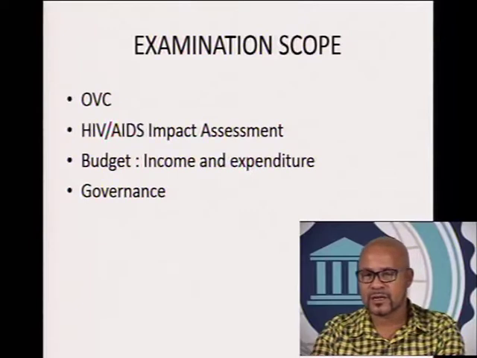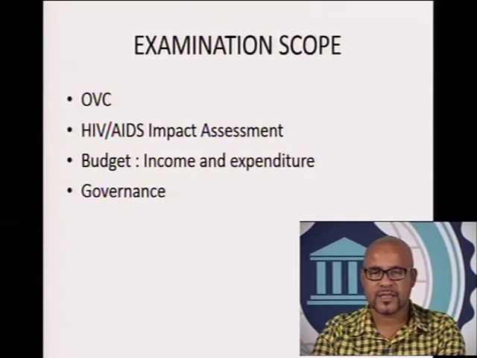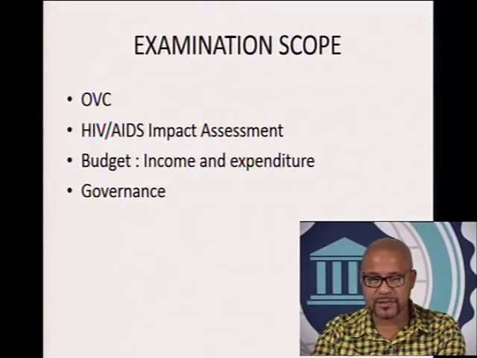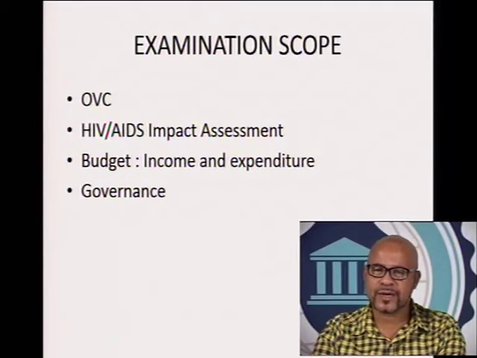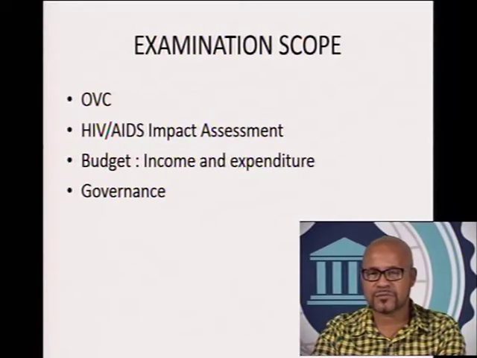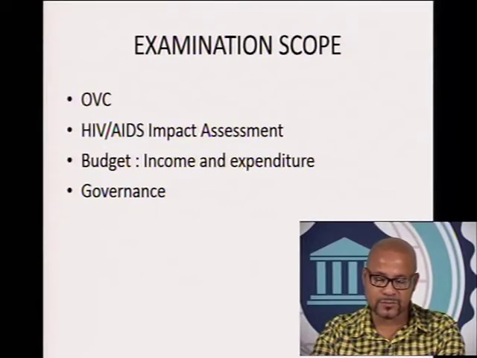You can look at commitments like the Abuja commitment, where countries commit at least 10 to 15% of the budget to health, and specifically HIV/AIDS. You can look at the Paris Declaration on the harmonization of funding. So you can discuss those issues in the light of budgeting within the country, which is very important.